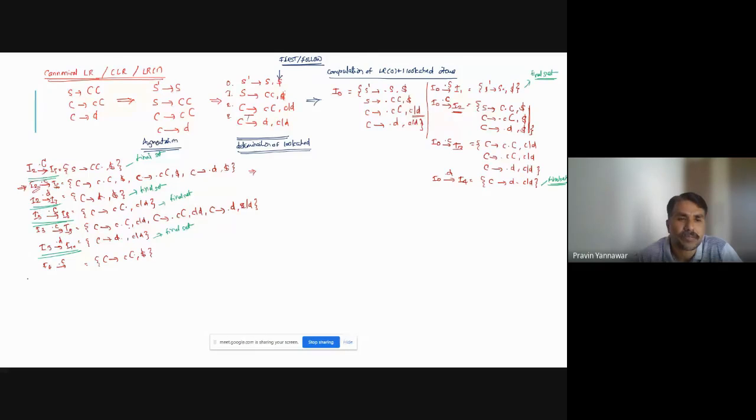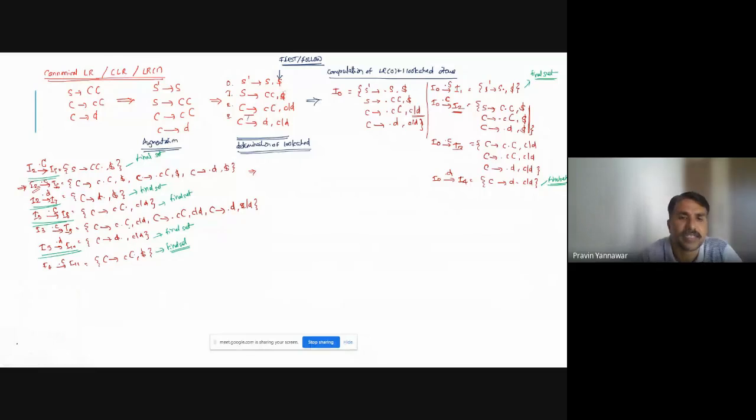So this is going to be now I11. Right, if you look at this, previously it was a common set, but here it is different. So this has got a final set now. Right? Now if you look at I11, now let us go further.